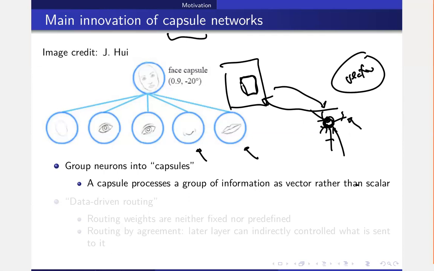We say that if we go back and try to visualize, maybe there's a face here, and this face will activate this neuron, right? But even though the face is likely to activate this neuron, the output of this neuron is just a scalar value, right?